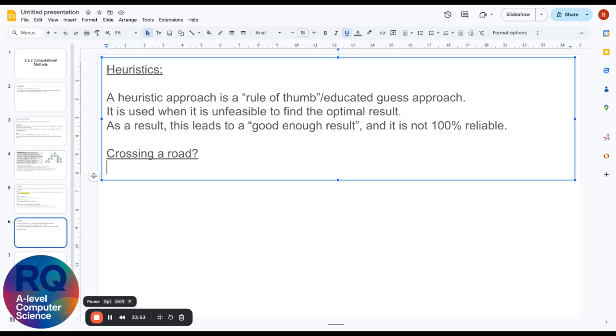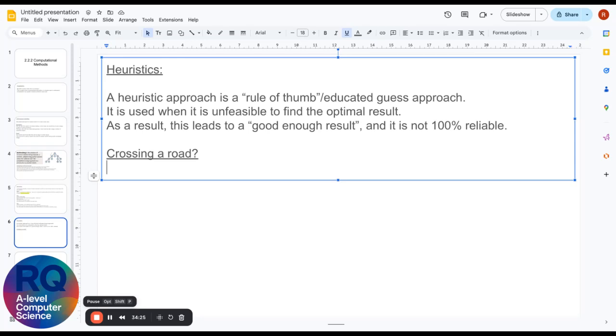So we break it down in terms of just the current situation at hand, using a rule of thumb approach to finding your result. Like I said in the example before, if you want to increase your chances of a successful cross, you do not want to be waiting for the exact time when all of those signals in the region are red.